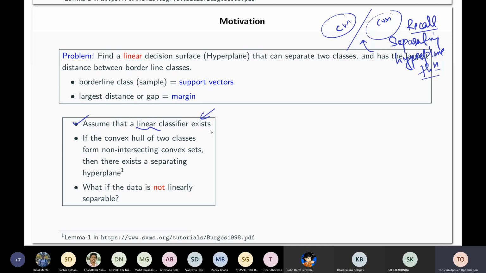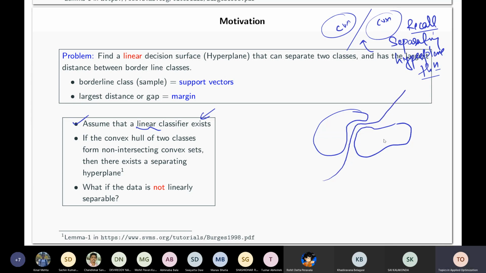There are cases where a linear classifier is guaranteed to exist, but there are cases where it is not guaranteed to exist. For example, sets like this. Here I cannot find a linear hyperplane that clearly separates them. I can find a nonlinear one.